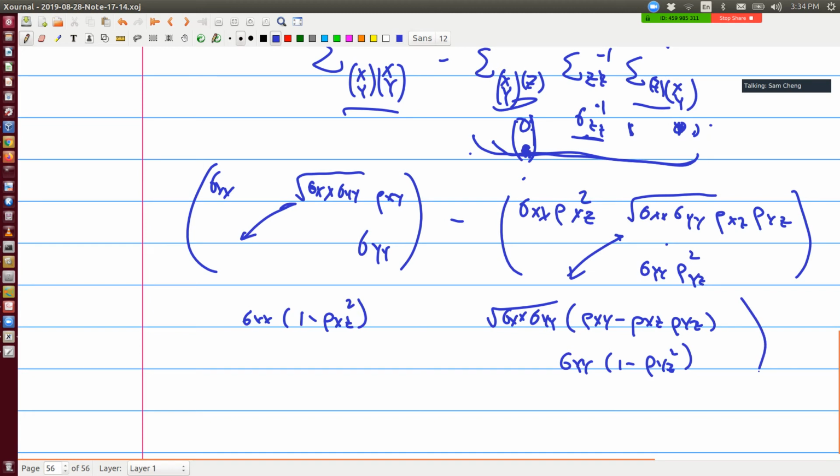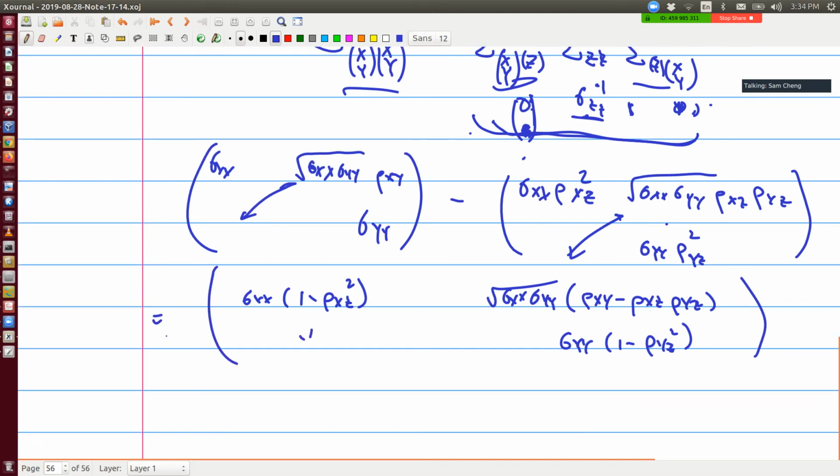This one is the same, so we don't care. But now look at uncorrelated. What does that mean? Uncorrelated just means the off diagonal is the same as this. Yes, it's symmetric, right?